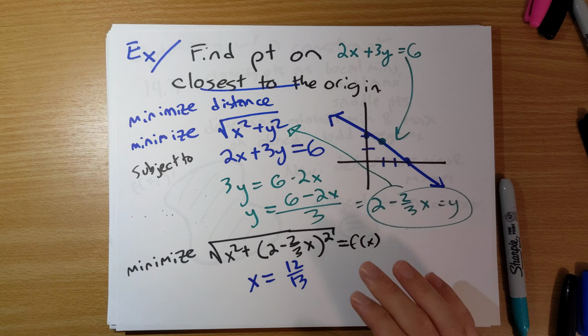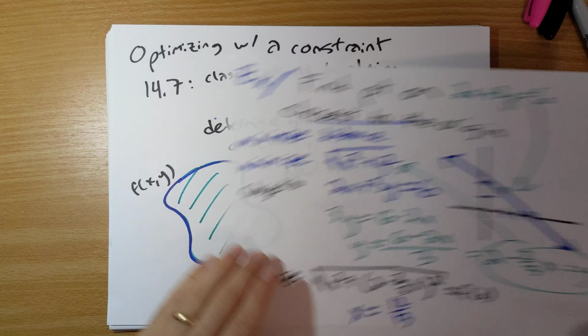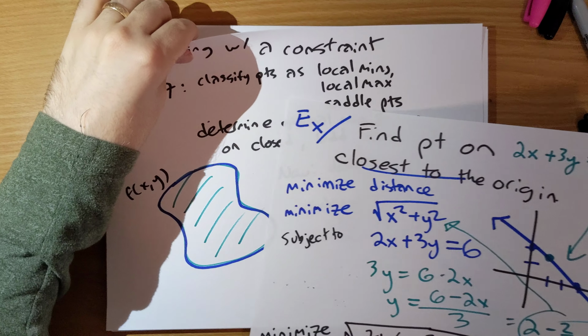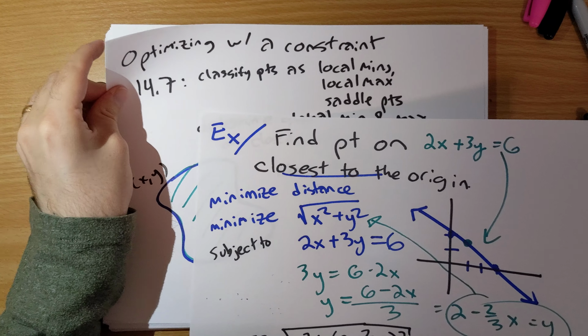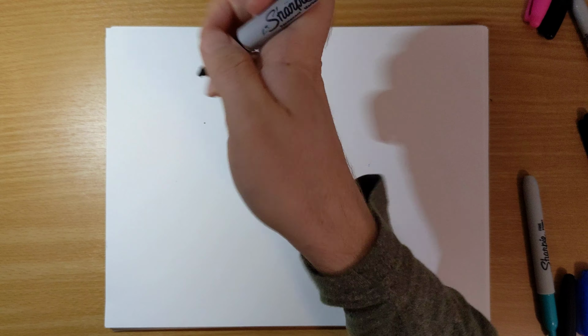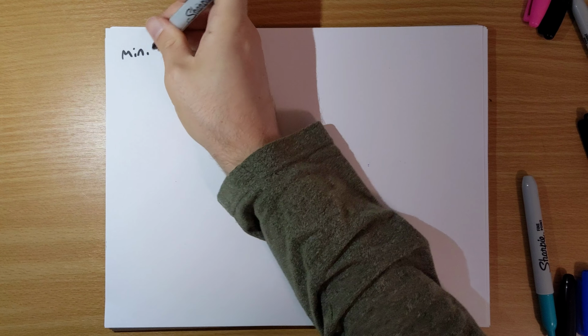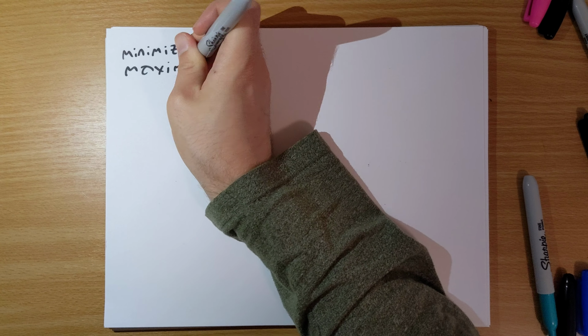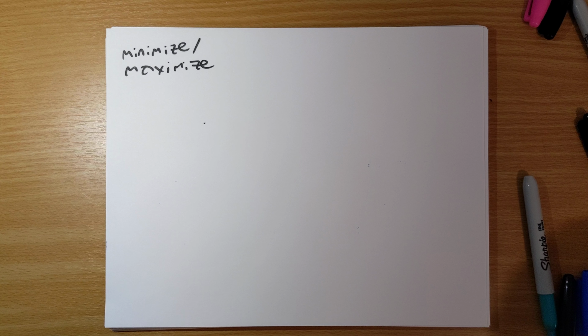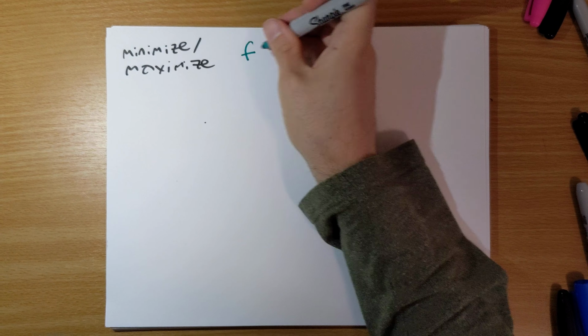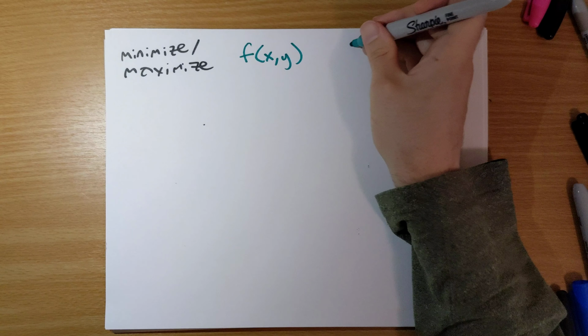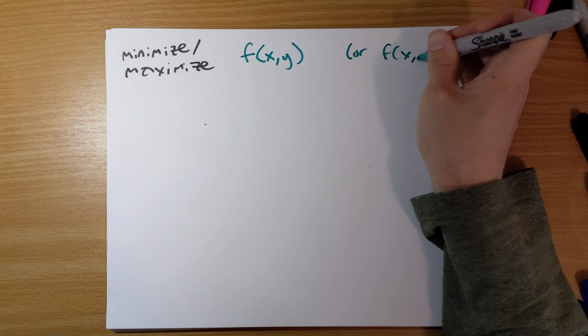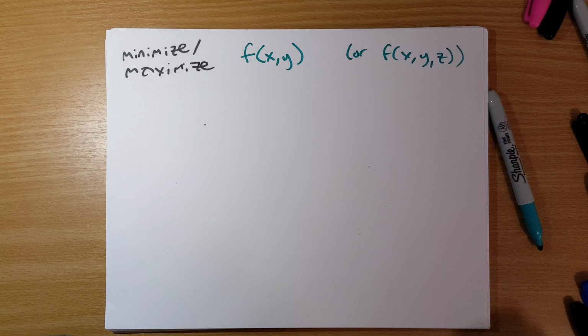But this problem right here is our first example of a problem for optimizing with a constraint. And so let me write here, what are we trying to do? We want to minimize or maximize, one of these two, maybe do both, some function f of x y or f of x y z, depending on whether we're working with 2 or 3 variables.